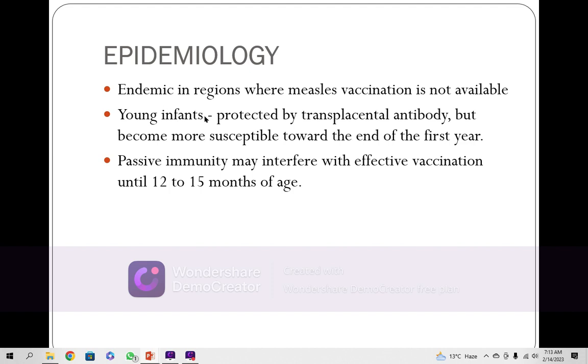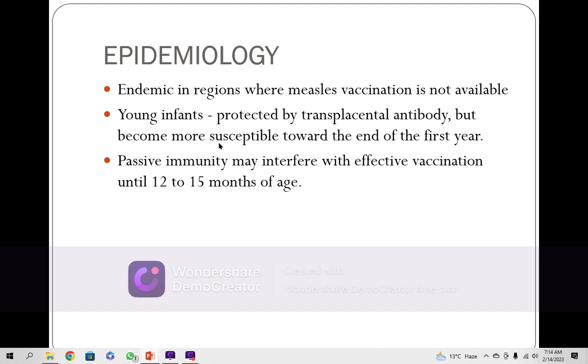After 10 months, because of the patient is now old enough to fight, these antibodies disappear from the blood and the protective action of these antibodies is gone by 10 to 11 months of age. So the vaccination should be done in this period.